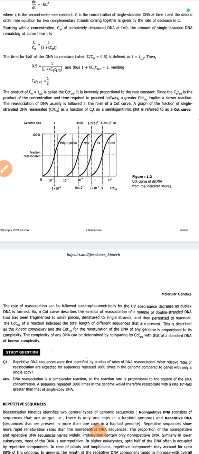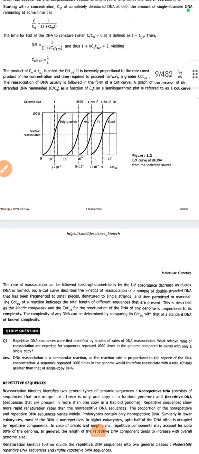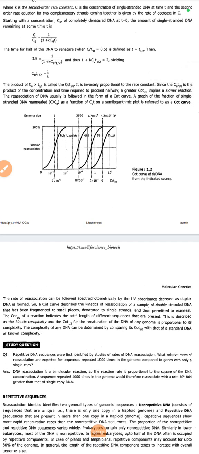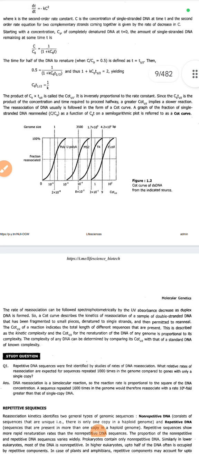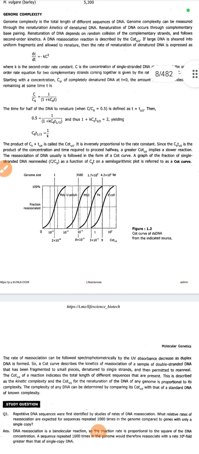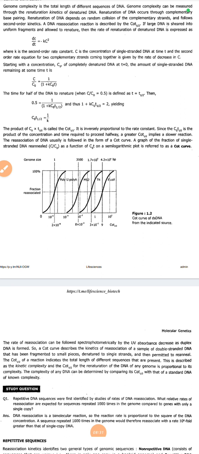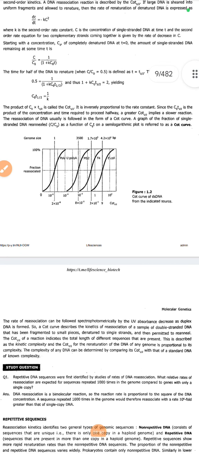The reassociation of DNA is followed in the form of a Cot curve. The graph of the fraction of single stranded DNA re-annealed, C by C0, as a function of C0t on a semi-logarithmic plot is referred to as a Cot curve. You can see here a Cot curve of double stranded DNA from the indicated source.